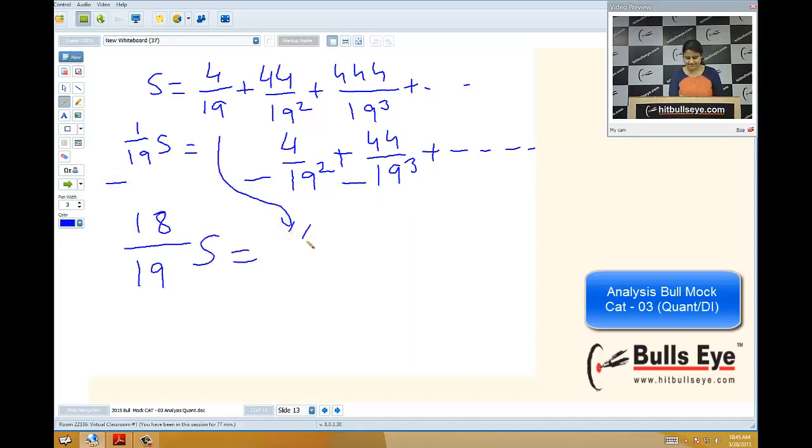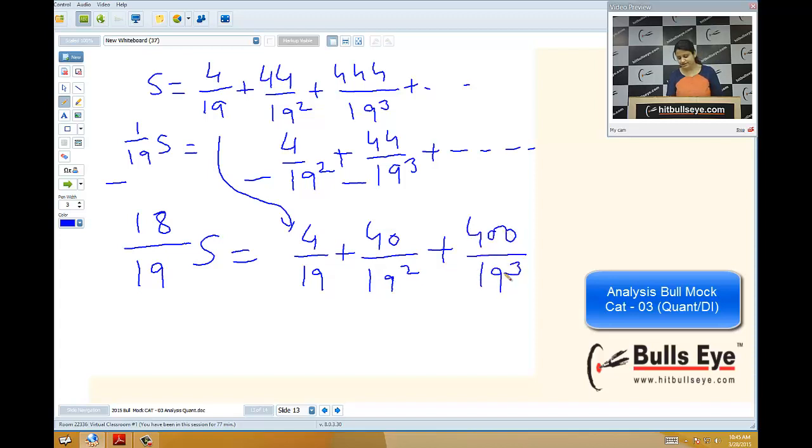First term as it is. Second term is 40 by 19 square. Third term is 400 by 19 cube, and so on. Now it will be a perfect GP with a common ratio of 10 by 19, and there are infinitely many terms. That's why you can apply that a upon 1 minus r formula.